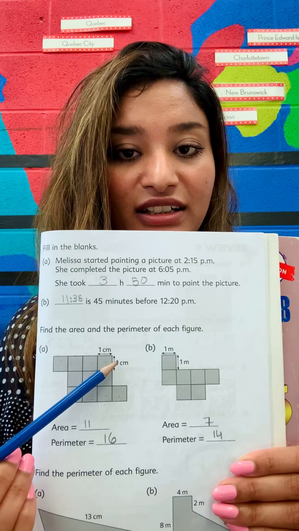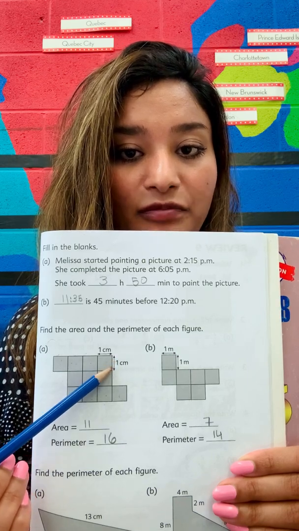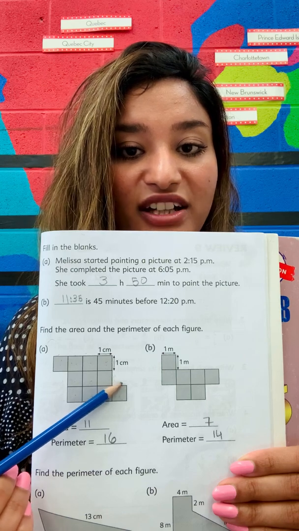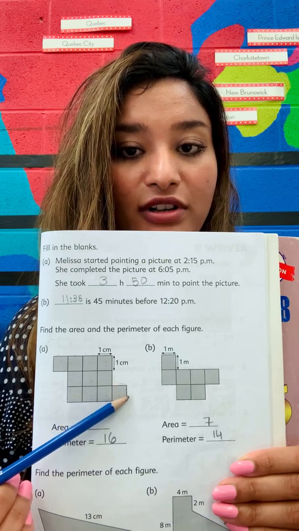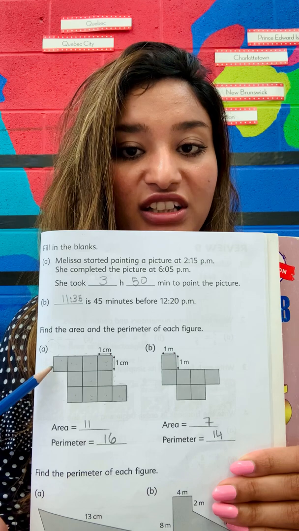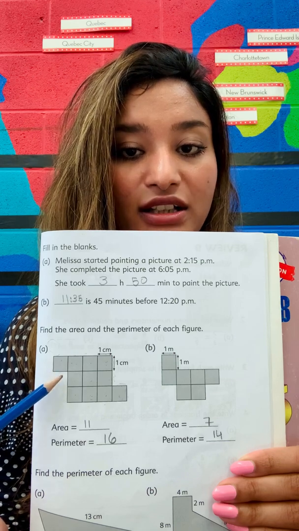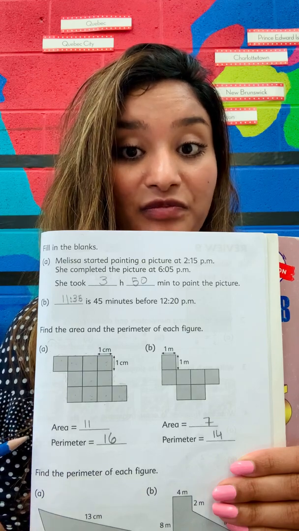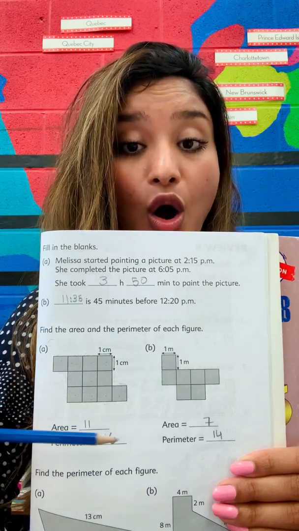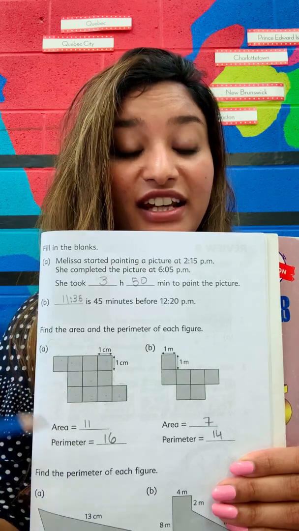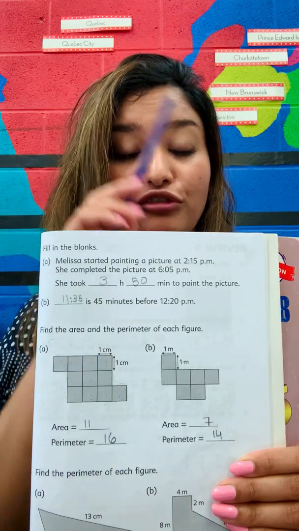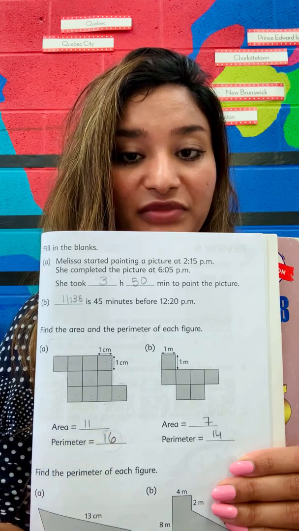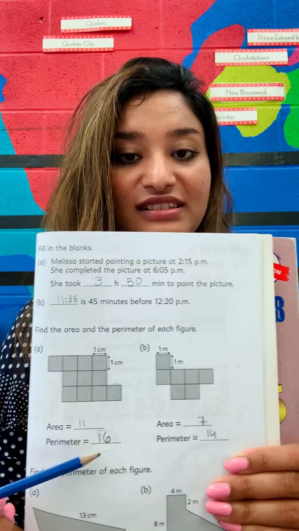That's 8, 9, 10, 11, 12, 13, 14, 15, and 16. So we counted all of our sides. Okay, top, bottom, left, right. So our perimeter is 16. Okay, so our area is 11, perimeter is 16.